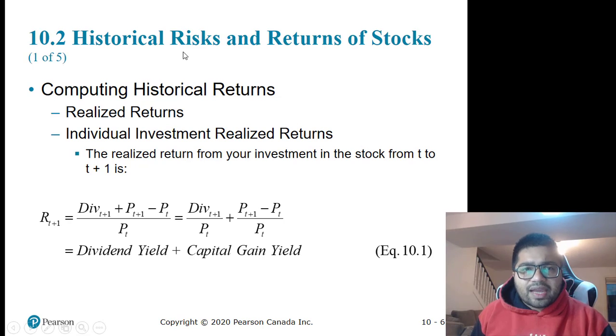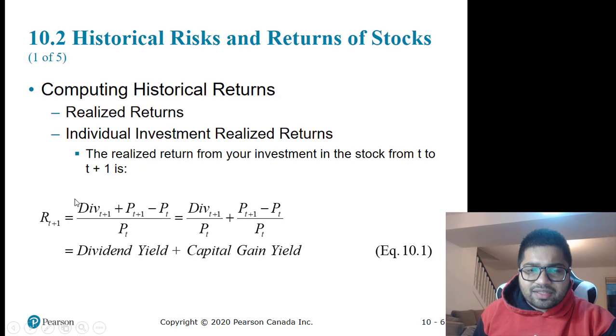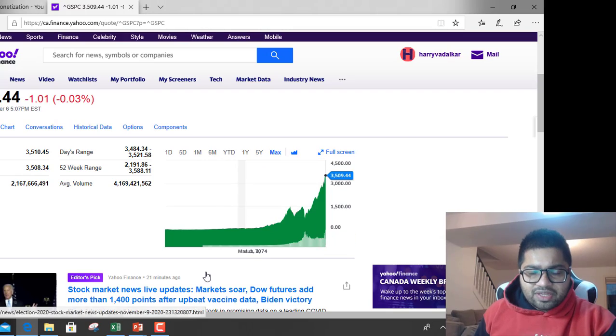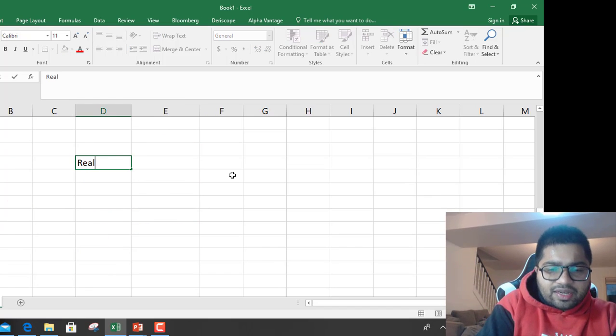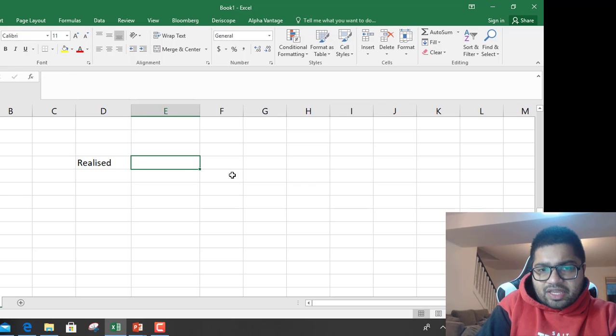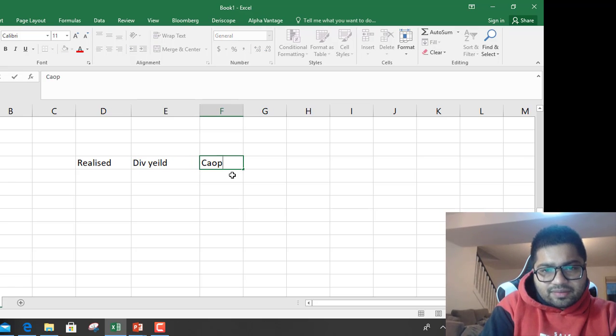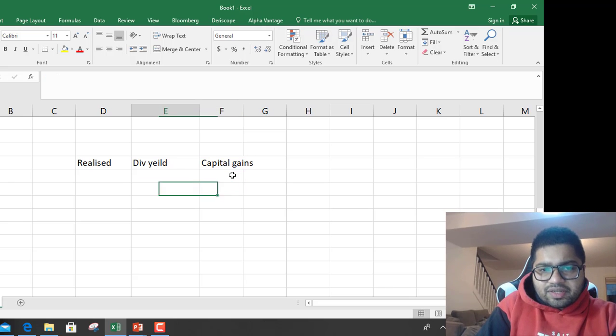Now, how do you calculate realized returns? We have discussed this. Realized returns on any stock is the dividend that you receive and the capital gains that you receive. So I'll write down the formula. Realized returns from a stock equals dividend yield plus capital gains. Now what is dividend yield?